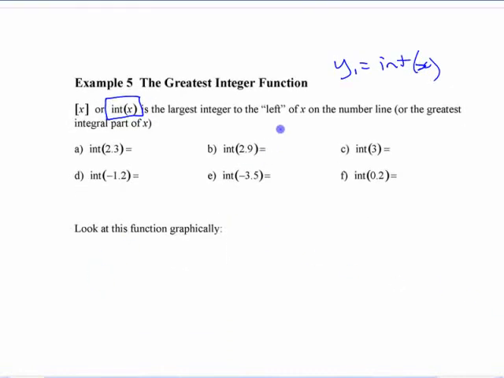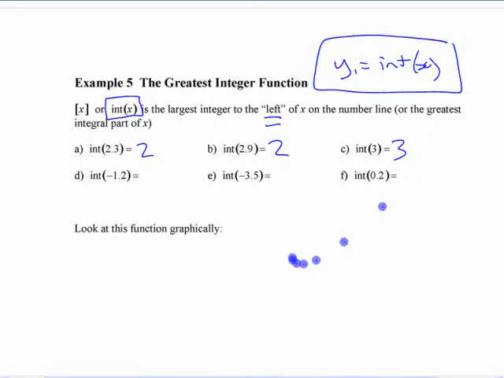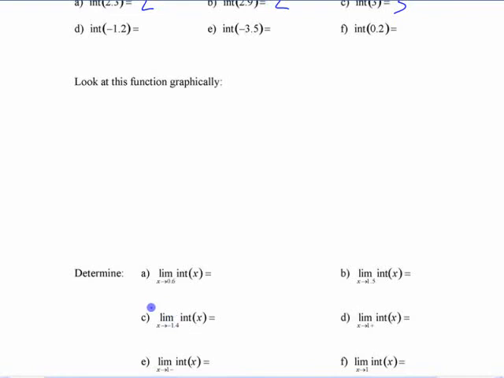Play around and see what this means. It's the greatest integer to the left of the number you're looking at. Greatest integer of 2.3 is 2, of 2.9 is 2, of 3 is 3, and so on. So graph this function and see what it looks like on your calculator.